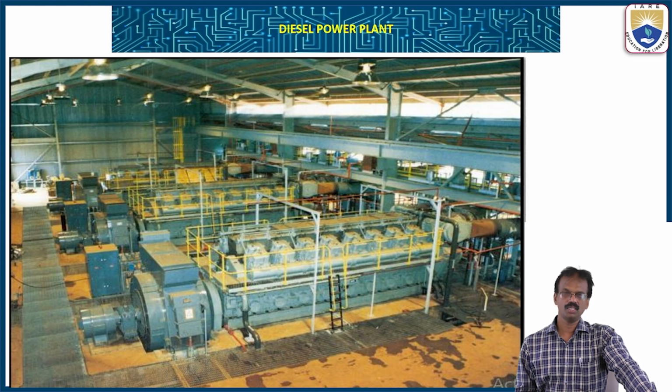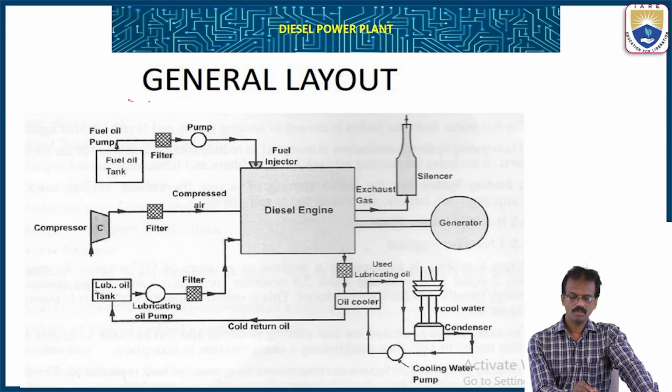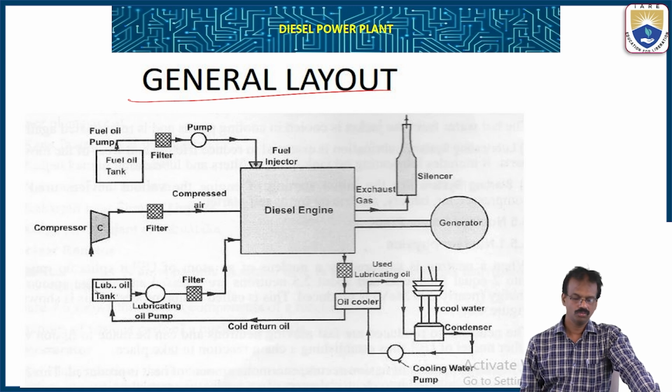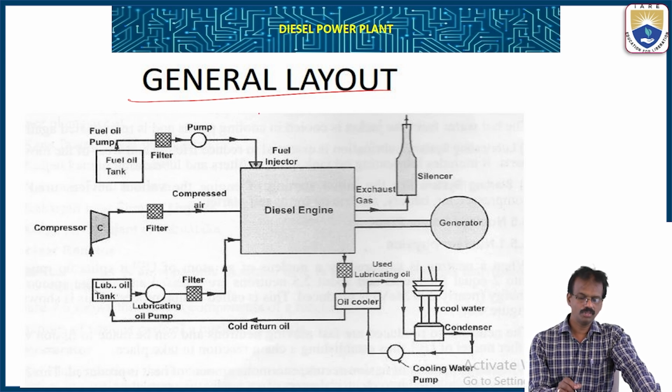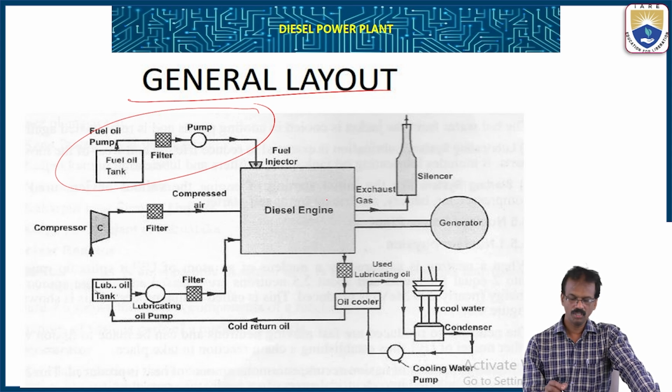So this is one of the diesel power plants for the generation of heat from the diesel, generation of electrical energy from the diesel. You see, this is the general layout of a diesel power plant. So here, the fuel supplying system and fuel oil pumping to the fuel injector of the diesel engine.